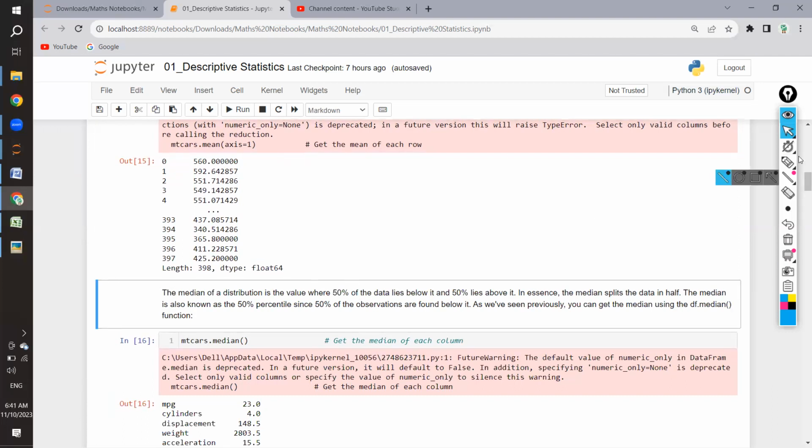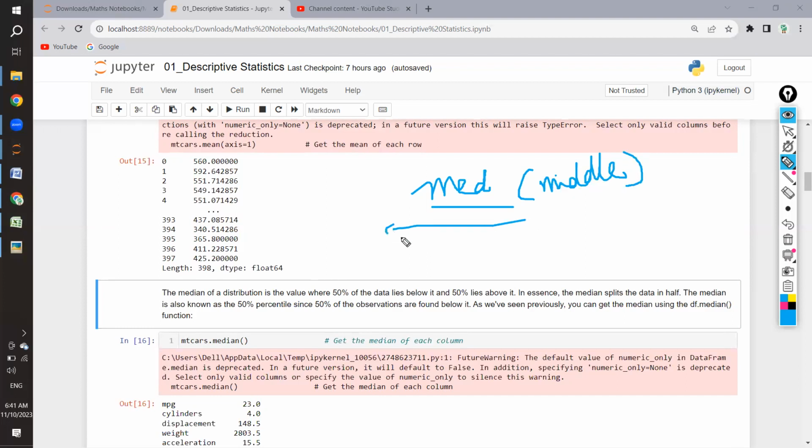What did we study about median? It is the middle number, right? When I say it's a middle number, that means 50% of the data should be below it and 50% of the data should be above it. Only then can we call it a middle number. So in essence, the median splits the data into half.